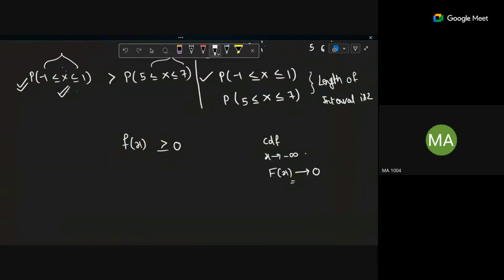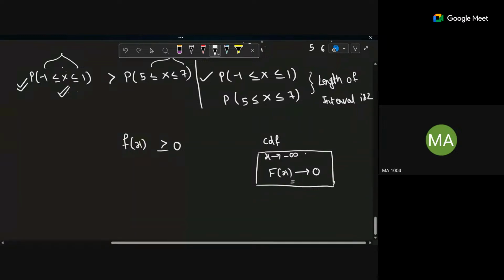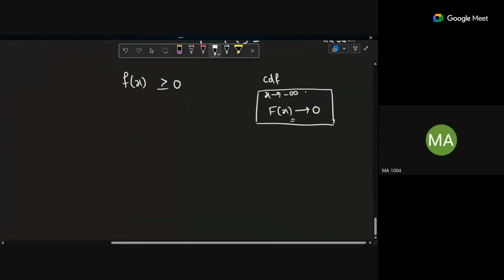Then I want to ask one more question, just try it. As you know, the range of the CDF lies between 0 and 1. It will never go above 1. I'm talking about range only.